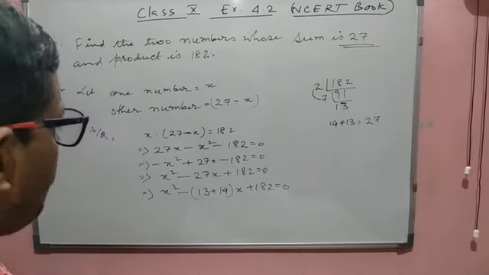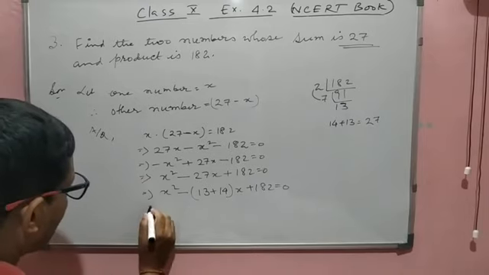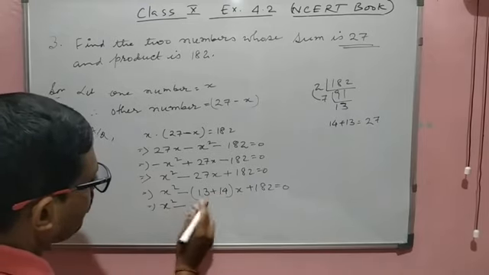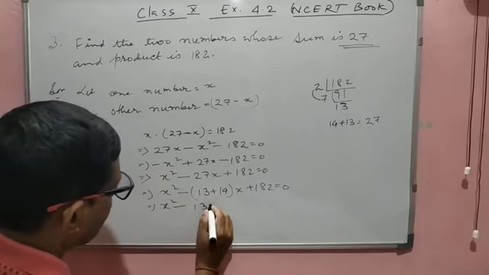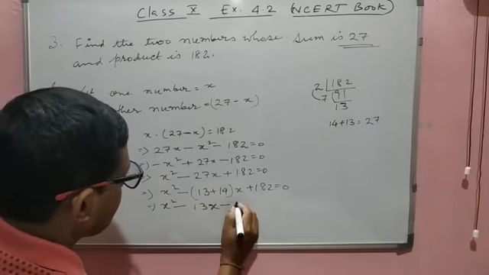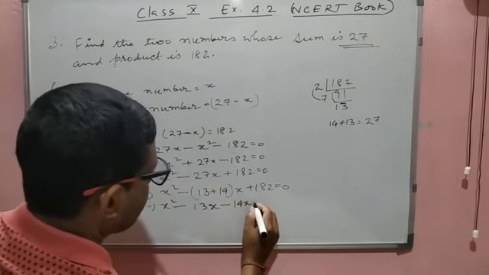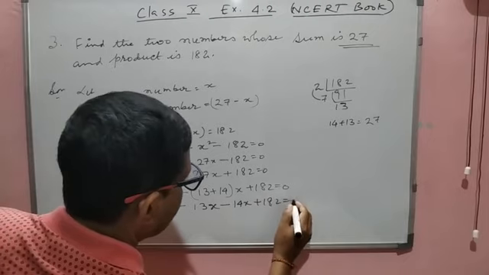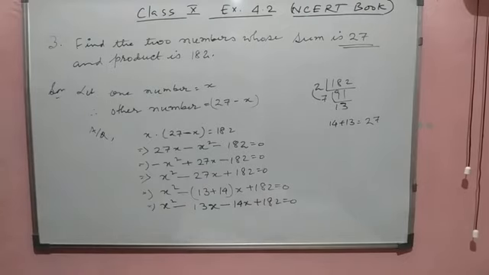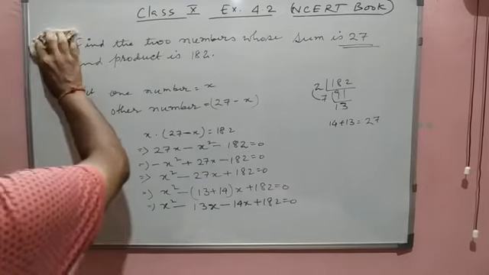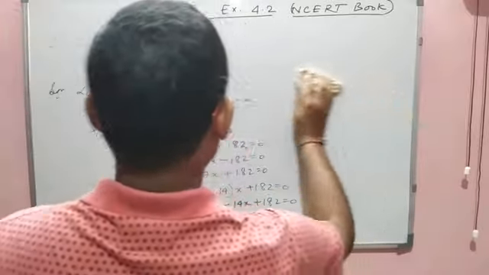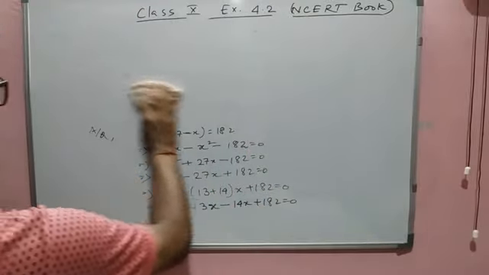We can write more on line here: x square, removing the bracket, minus 13x minus 14x plus 182 equal to 0. Now let us take common. If we take common, what we get?